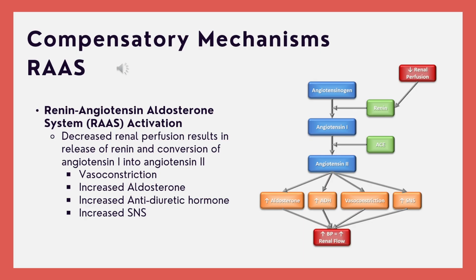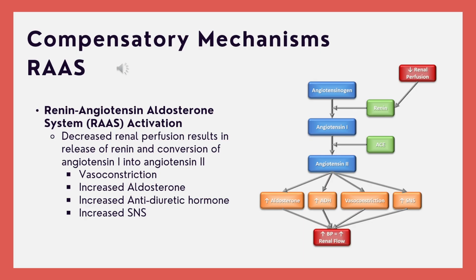So let's talk about how this is activated. Whenever cardiac output drops, the kidneys are going to receive less blood flow, which triggers the release of renin. Renin converts angiotensinogen, which is produced by the liver, into angiotensin 1. Angiotensin 1 is then converted into angiotensin 2 by what's called angiotensin converting enzyme.